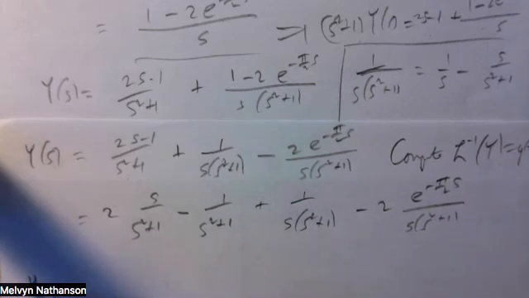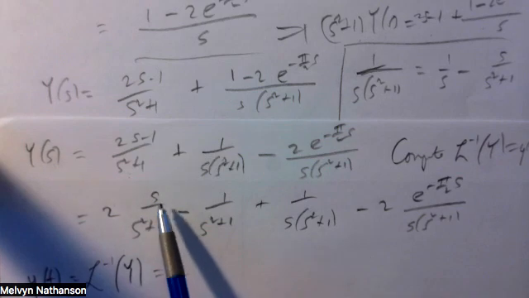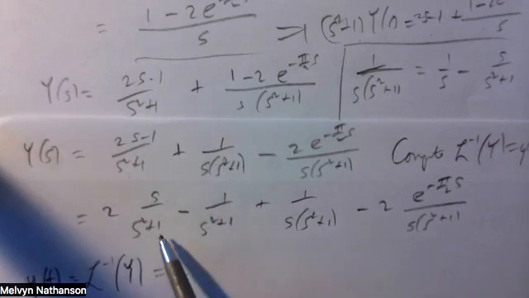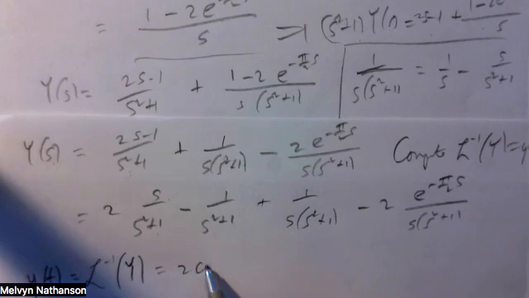So the inverse Laplace transform, y of t, is what? The inverse Laplace transform of 2s over s squared plus 1. Again, we looked at our table a moment ago for s over s squared plus 1. That's the cosine. That's 2 times the cosine of t. For 1 over s squared plus 1, that's the sine of t.